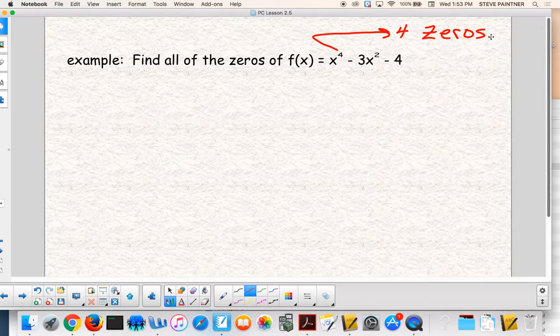Are you factoring x squared? Oh, minus 4? Okay. Yeah, something's wrong there. I mean, slightly wrong.